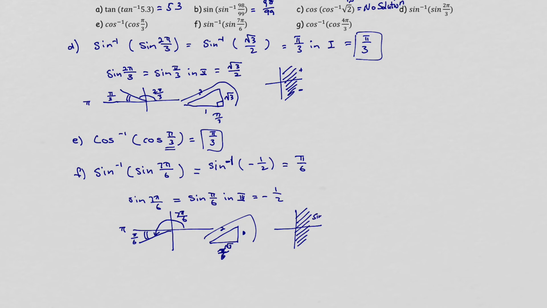And sine in first quadrant is positive. Fourth quadrant is going to be negative. So in order to have this negative, pi over 6 in the fourth quadrant, which is going to be negative pi over 6.